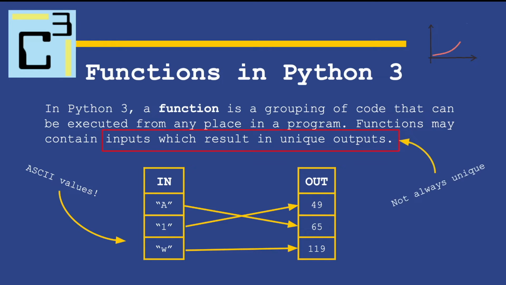But this last portion, functions may contain inputs which result in unique outputs, is not always true, so we're going to take a look at that in some of the examples. You don't have to give a function an input for it to work in Python. So the real world and mathematical definition of a function is what I would say is the closest thing to a function in Python 3, as the creators of the language saw fit.